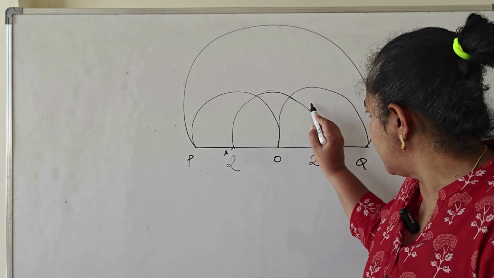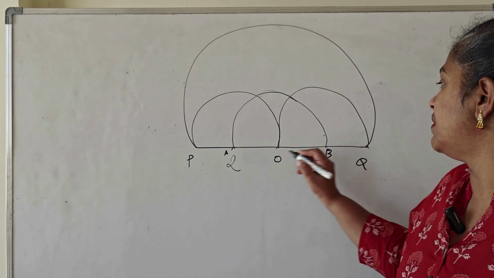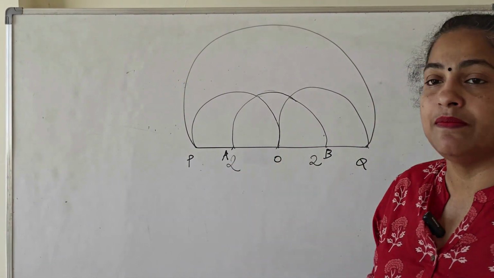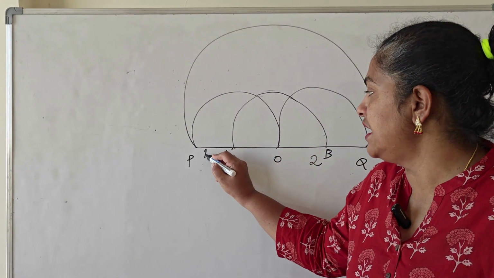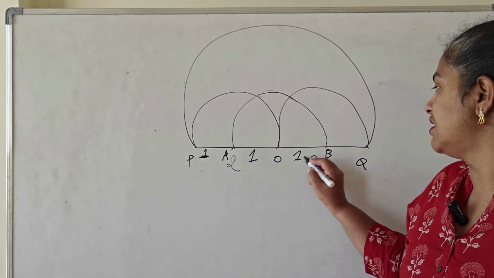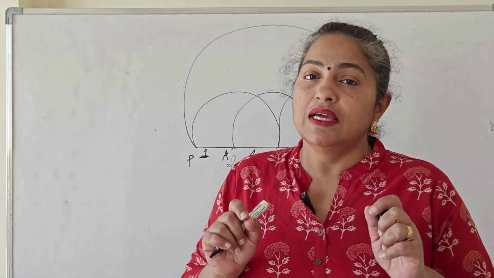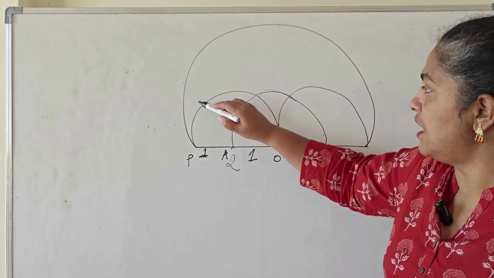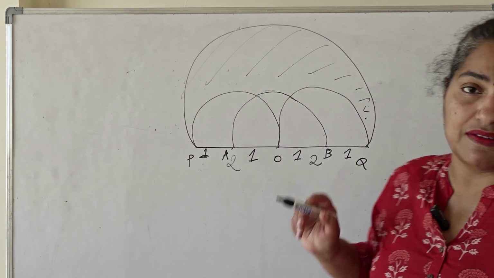Now the second semicircle has the center O and the third one, let us say, has a center B and this is A. If they are spaced equally, the radius of the first semicircle is 1, the second one also is 1, everything is 1. Okay, now we need to find the area of the shaded region, which is this.